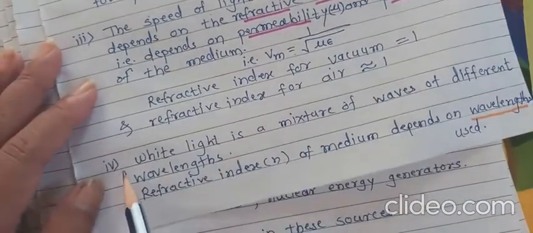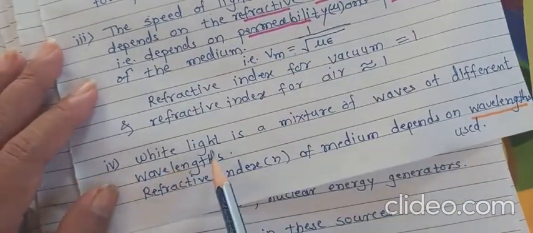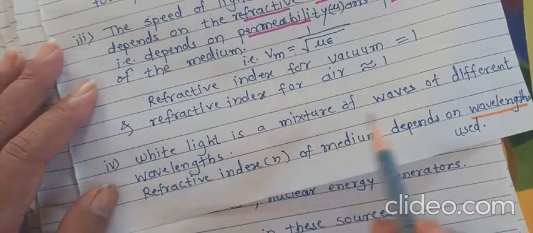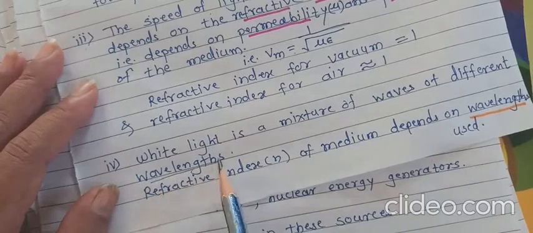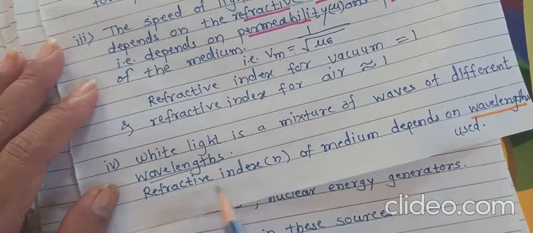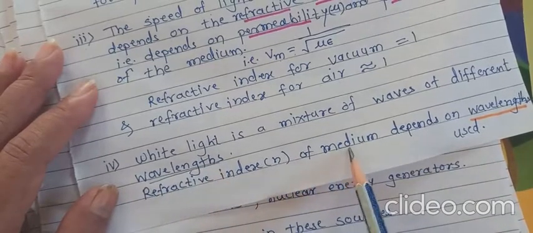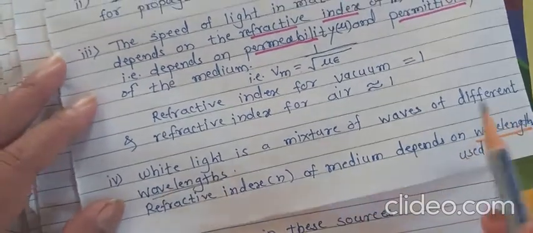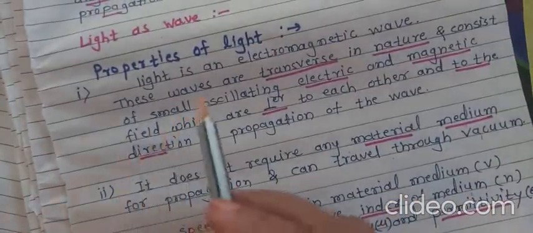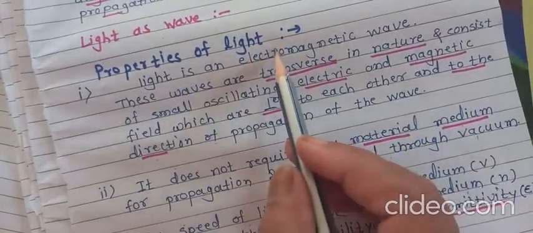Next point, white light is a mixture of waves of different wavelengths, and the refractive index of a medium depends on the wavelength. These are certain properties of light.